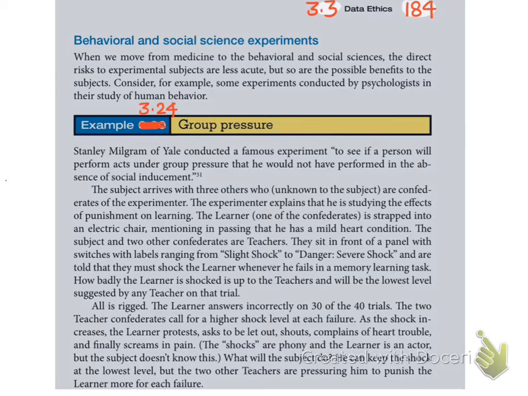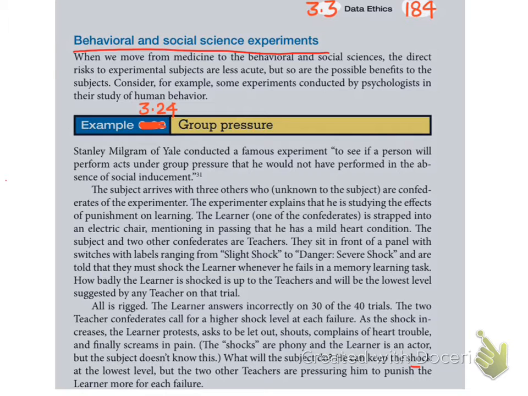Today we are going to learn about behavioral and social experiments in relation to data ethics. Last time we covered experiments involving clinical trials, which could be risky if not done properly or without the consent of the subjects.